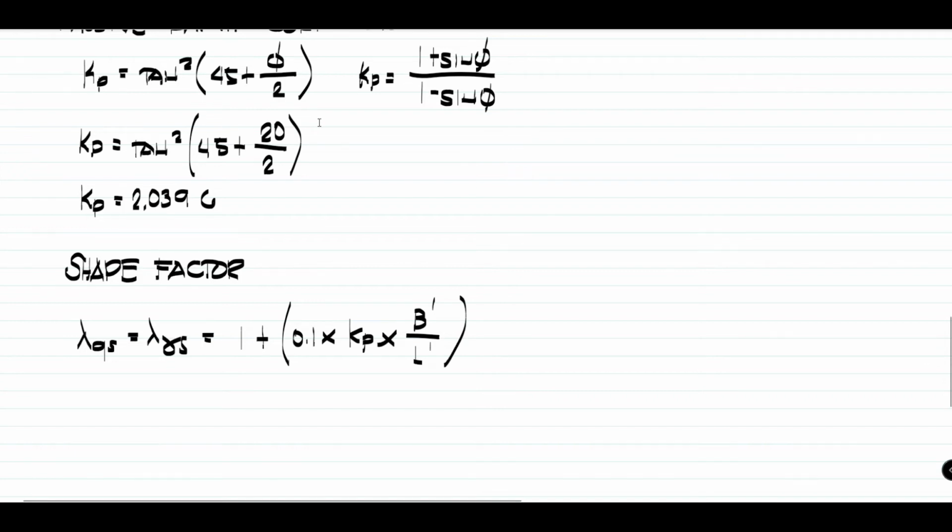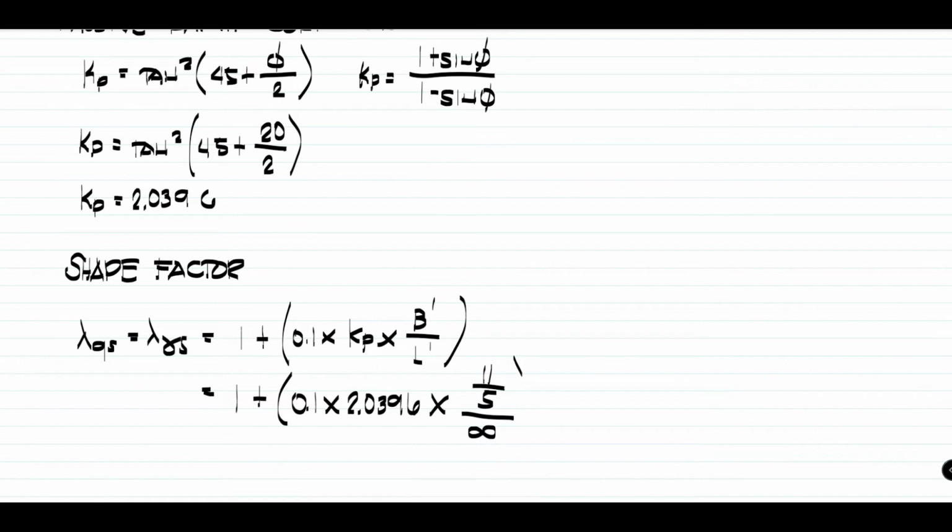So, substituting the values, we have here 1 plus 0.1 times the Kp, which is 2.0396, times B prime, which is yung 11 over 5 na nakuha natin kanina, and yung L prime natin will just be infinity since continuous footing to.